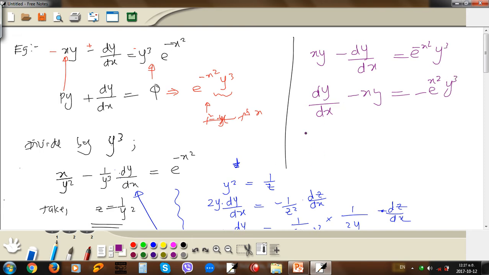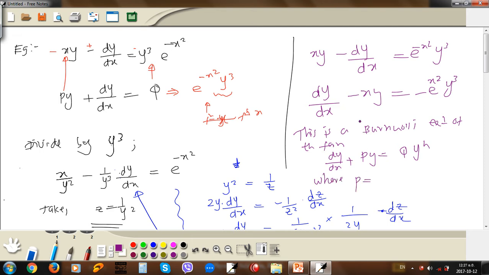Now this is a Bernoulli equation of the form dy by dx plus py equals q times y to the power n, where p equals minus x, q equals minus e to the power x squared, and n equals 3.